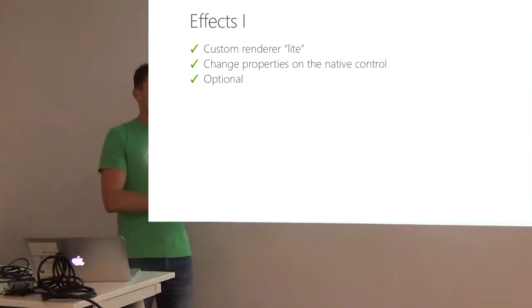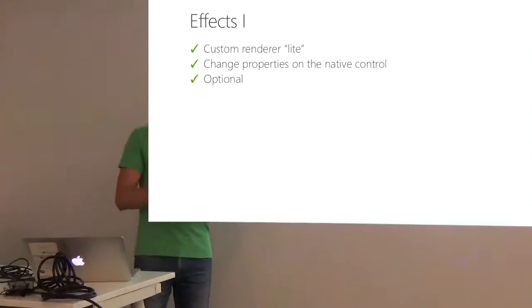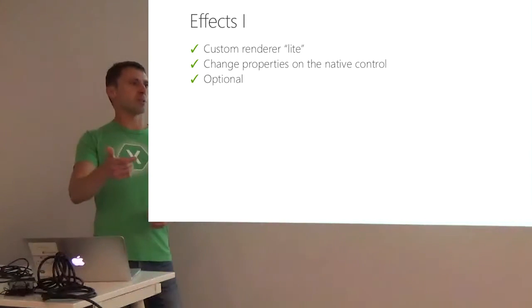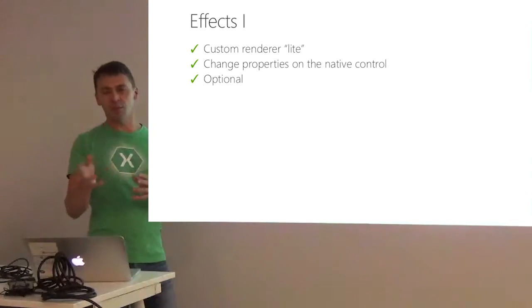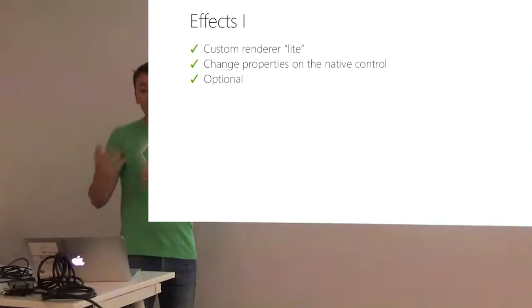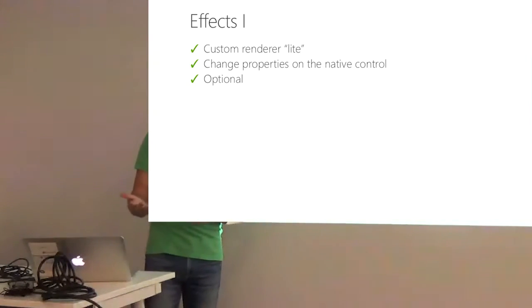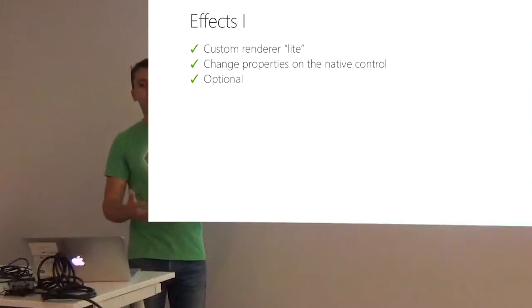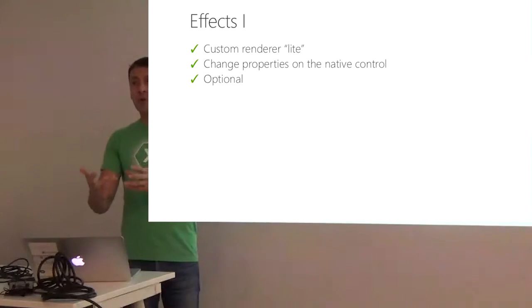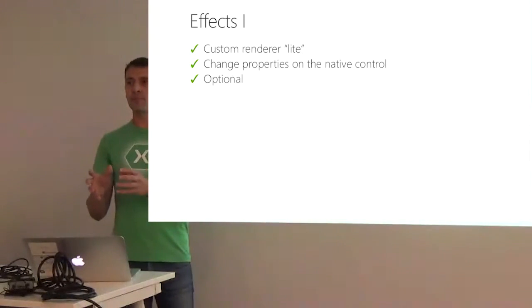So we've created renderers for buttons and list views and list boxes and edit boxes and so on. And we've written the code that creates an edit box and assigns properties and lets you bind things to change its appearance. If you want to change the behavior of Xamarin.Forms for a specific control on a specific platform, we effectively say to you, subclass that or write your own and implement all that stuff.